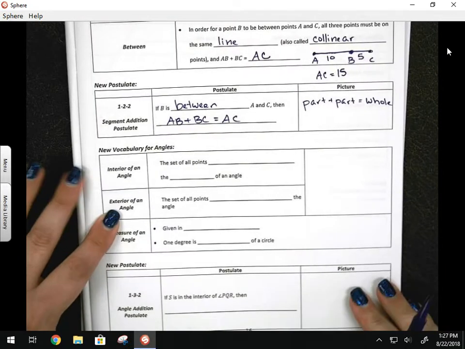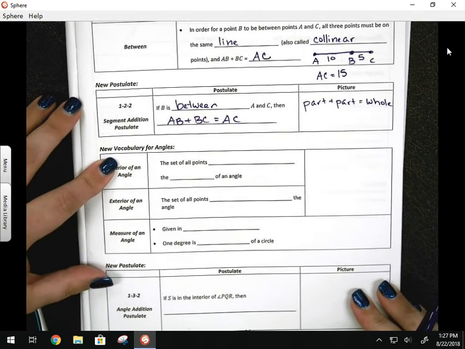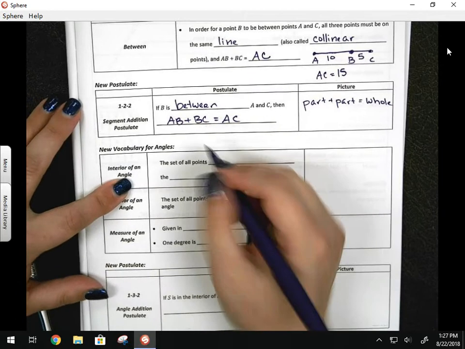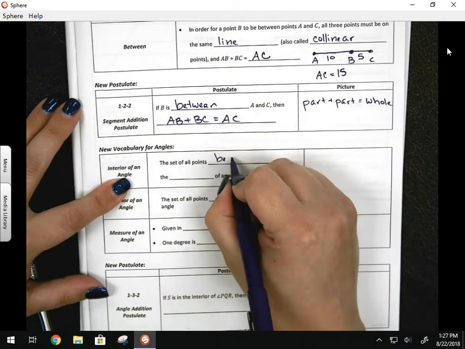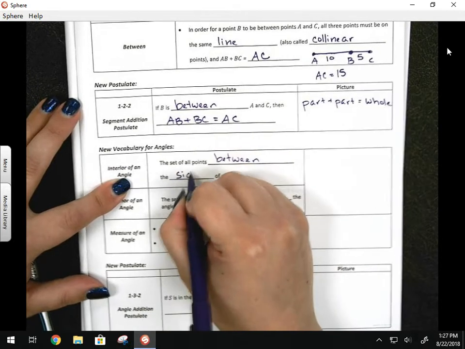We have a couple of words we have to define real quick about angles. The interior of an angle is the set of all points between the sides of an angle.